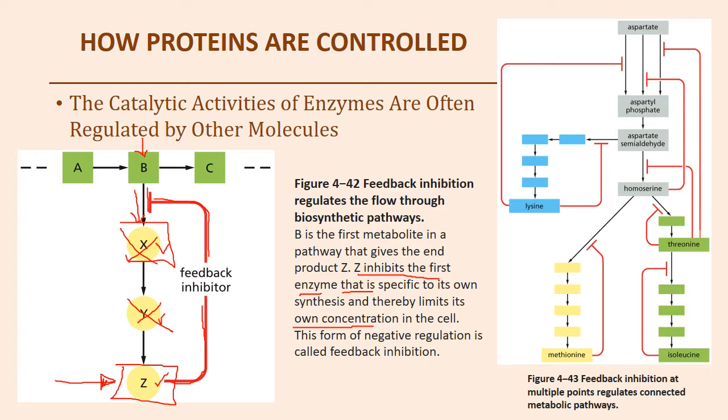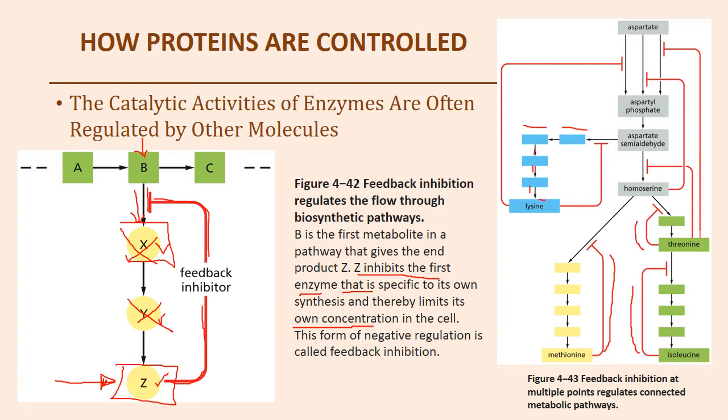You can see another example of feedback inhibition on the right-hand side of your diagram. So here we have the production of 3 different products, and as you can notice, some of the boxes are blank. The blank ones indicate our intermediate products because remember it's part of a cascading mechanism. And then we also notice the presence of lots of red lines.